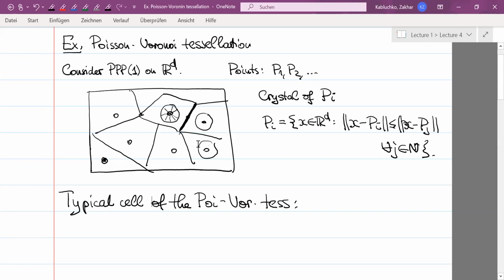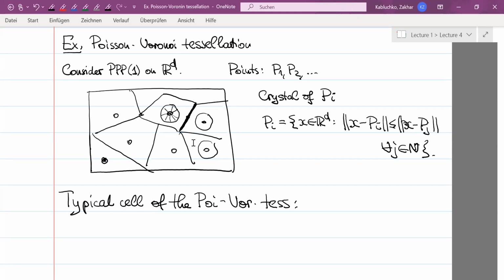So if the number of cells is n, we take each cell with probability 1 over n, and then let the window size go to infinity. The limit is what is called the typical cell. So it's just one cell picked at random from a very large window, intuitively. But of course, this involves some limit, and it's not easy to make rigorous.